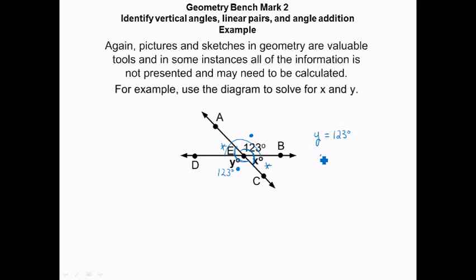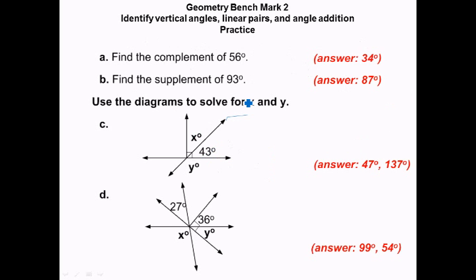So to find x, I take 180 and I subtract the 123 from it, and I get 57. We could, if we needed to, find every missing angle.